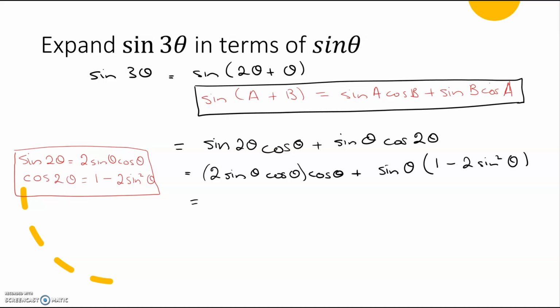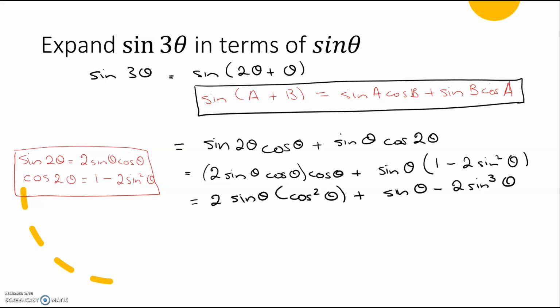So what we've got in the first term is 2 sine theta cos squared theta plus, let's expand our brackets since we've got them, minus 2 sine cubed theta.